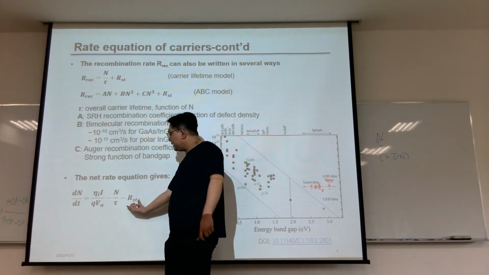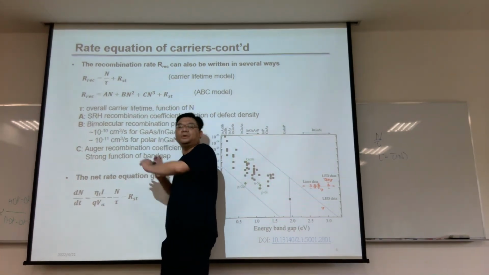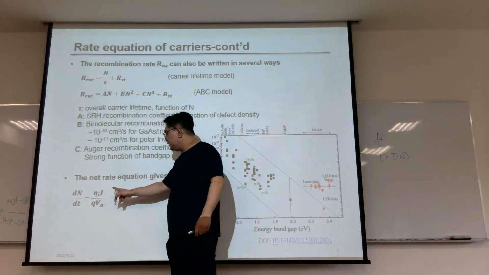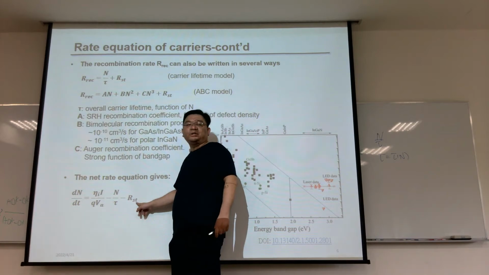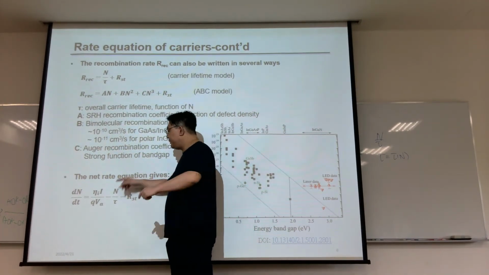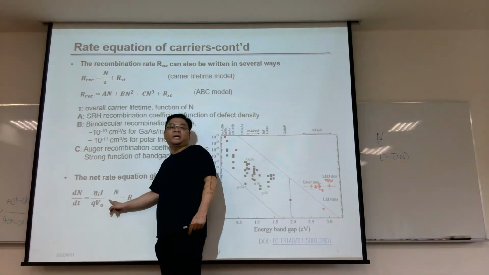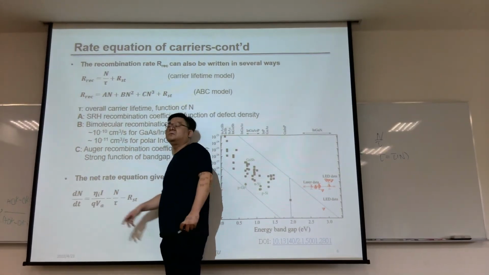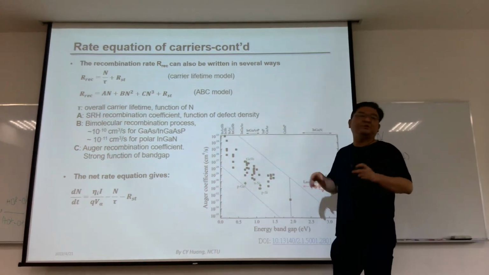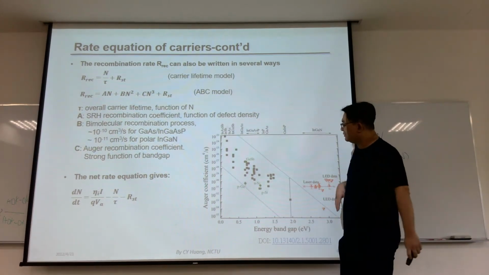This one includes stimulated emission, this one doesn't. So we need to separate these two terms. So this is generation minus recombination. And then we put the stimulated emission outside and dump everything else together into only one term. This is only to make the expression cleaner, or it will be pretty difficult to read.